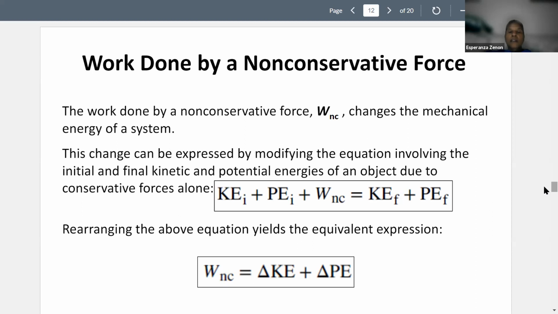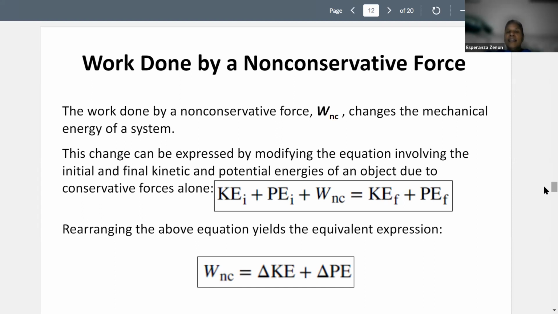So you see on the left-hand side of the equation, we have to modify it and add in the work done by a non-conservative force. The work done by the non-conservative force is designated as W with NC as the subscript, W_NC. So now, our starting kinetic energy plus our starting potential energy plus the work done by any non-conservative forces equals the final kinetic energy plus the final potential energy.